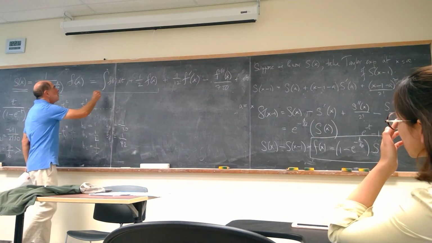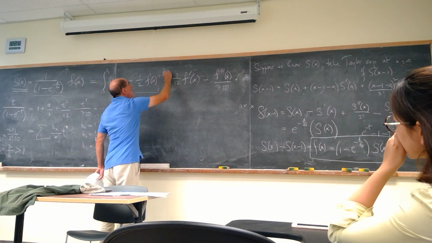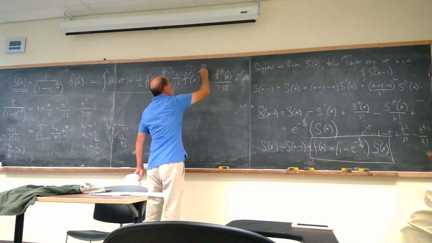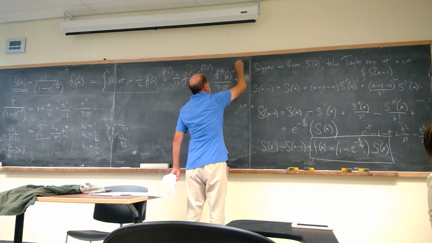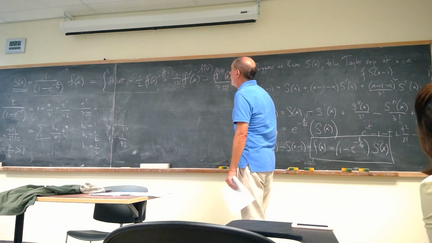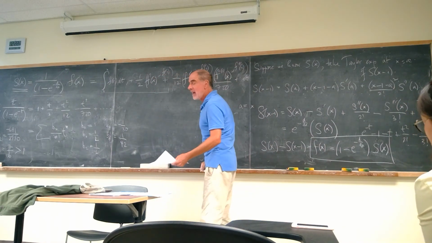Well, if I went from 1 to x, I'd have to put f of x minus f of 1 to get the right initial value. And then I'd want f prime of x minus f prime of 1 to get the right initial value. And then I'd want f triple prime minus f triple prime of 1 to get the right initial value. And this part of the formula was what de Moivre had realized, etc.